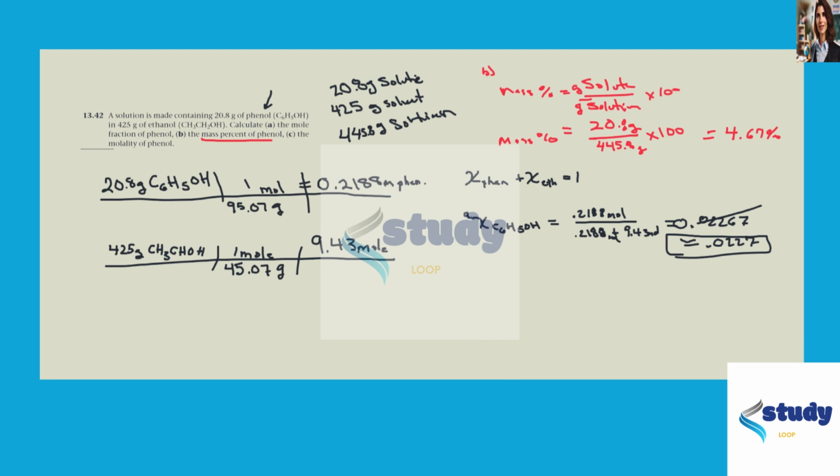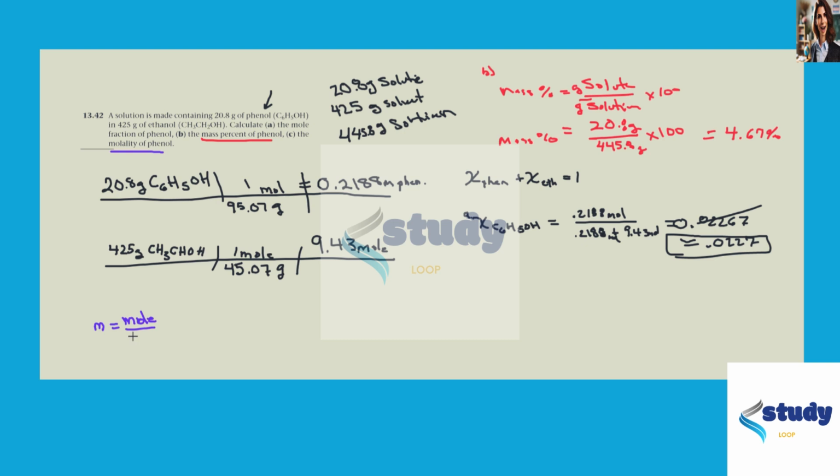All right, now we're on to C, molality. So molality is the small m. And what are the units of that? So take a moment and think. This will come up on several of your tests. So every time I want to practice going over what units.